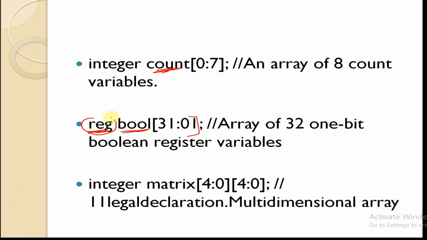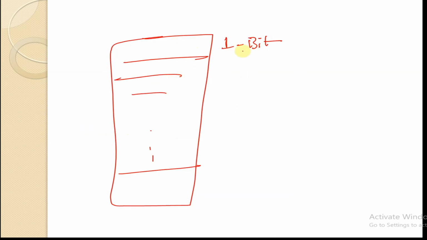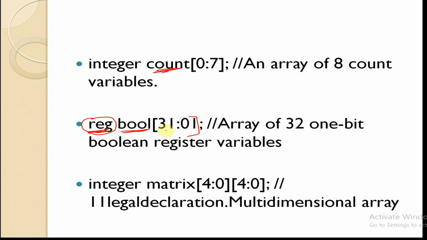So this is an array of 32 1-bit boolean register variables.